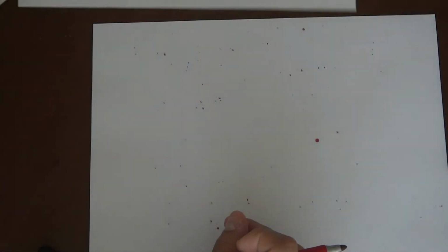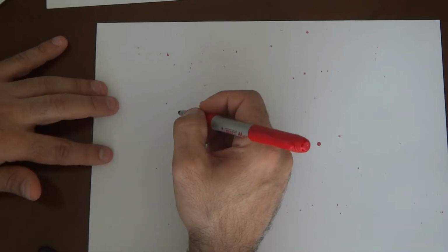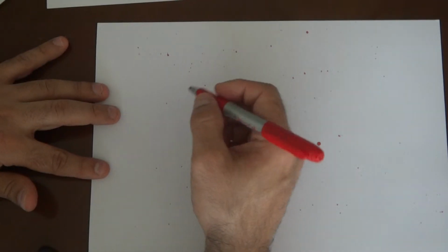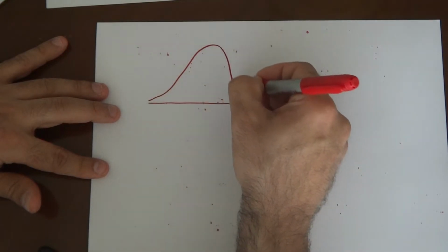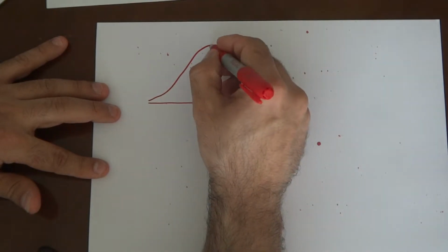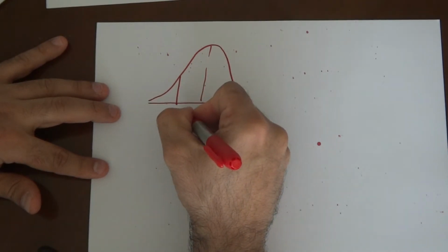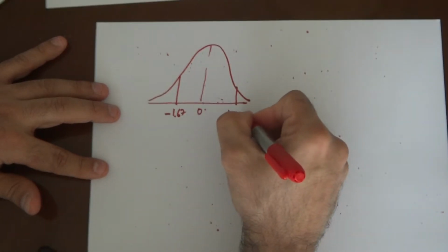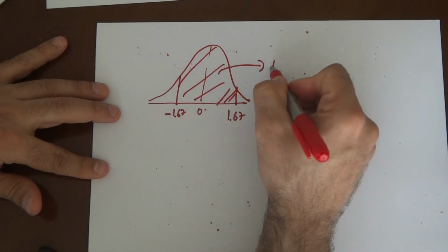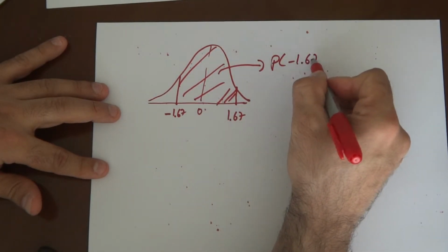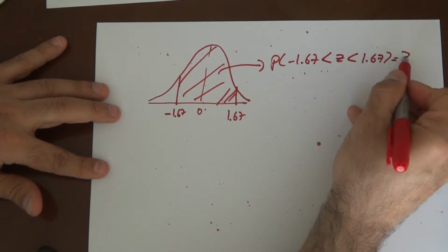Because in order to solve this problem, I want to use the standard normal distribution table. So let's start using the table. This is 0, this is negative 1.67, and 1.67. This is the question: the probability between negative 1.67 and 1.67.